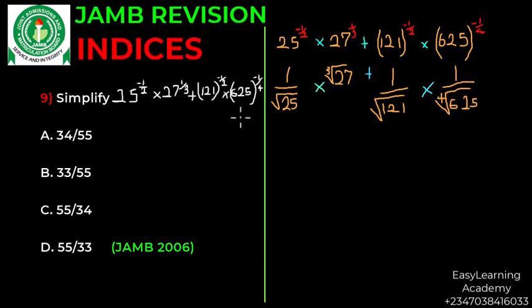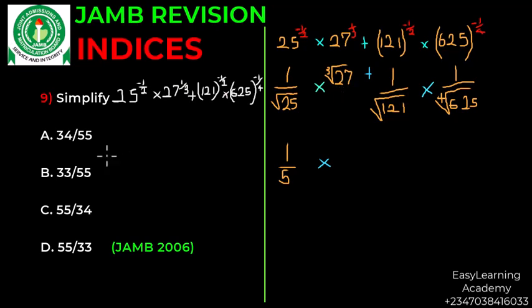Okay, and keep solving. The square root of 25 is 5, so here will become 1 over 5. All right, and then we bring in our multiplication sign.